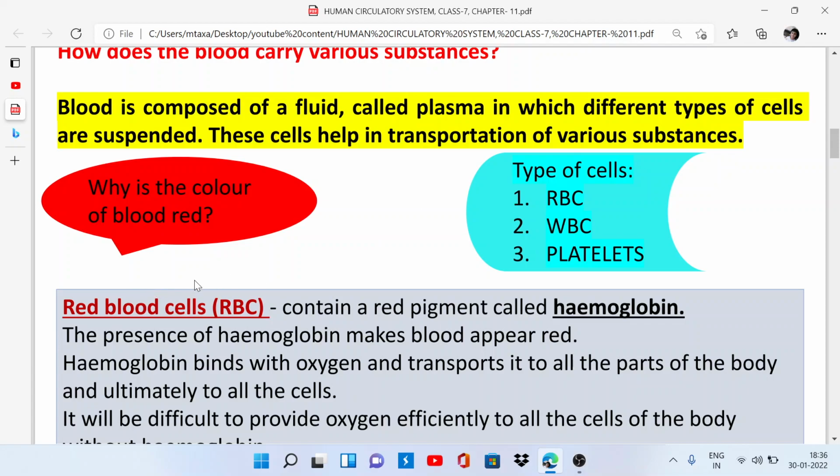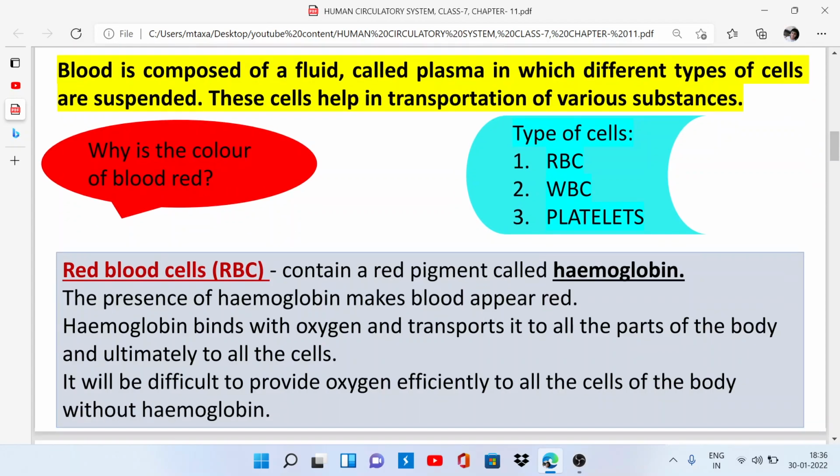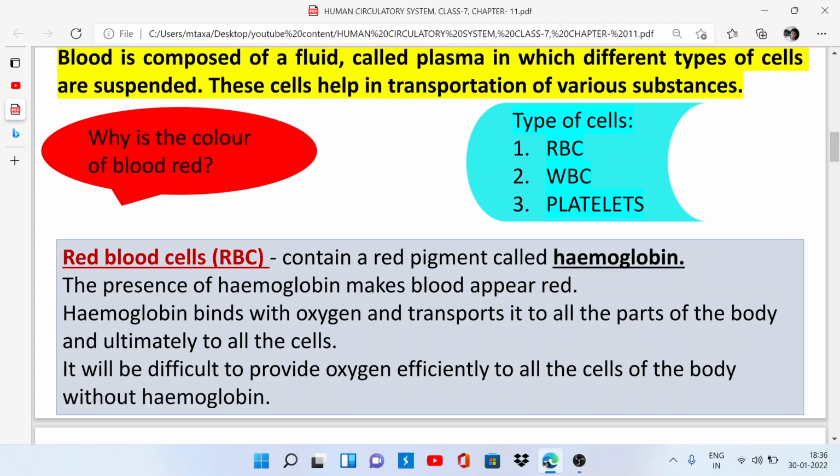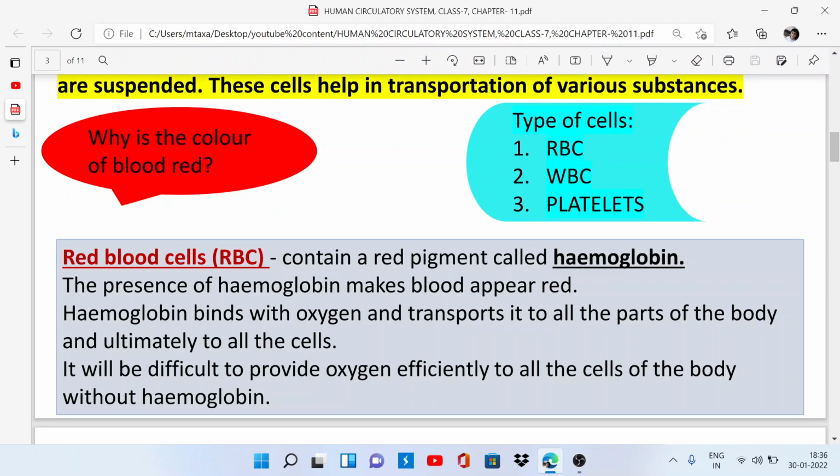Red blood cells are present in our blood plasma, and they contain a red pigment called hemoglobin, and due to this red pigment hemoglobin, blood appears red. And how does this hemoglobin help us? It binds with oxygen and transports it to all parts of the body, ultimately to all cells of the body.